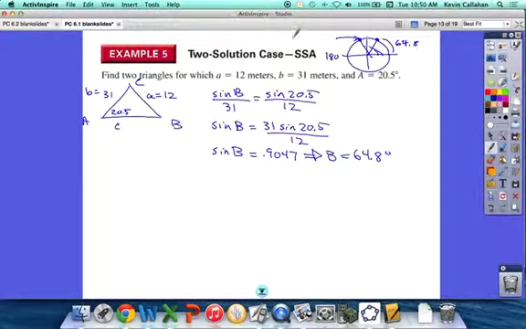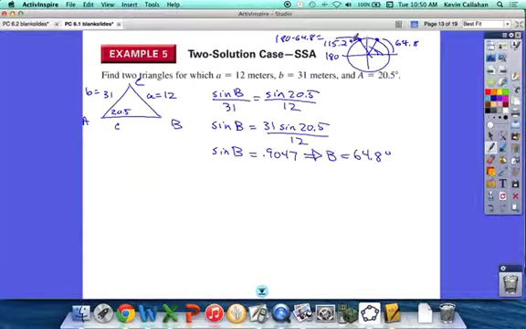So we go ahead and do that. That is 180 minus 64.8, which is 115.2 degrees. So then you need to check. If that angle is 115.2 and you add the angle A that you already know, is it less than 180?